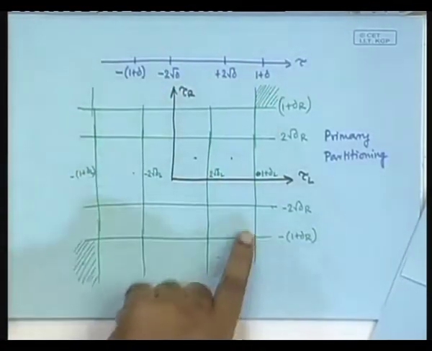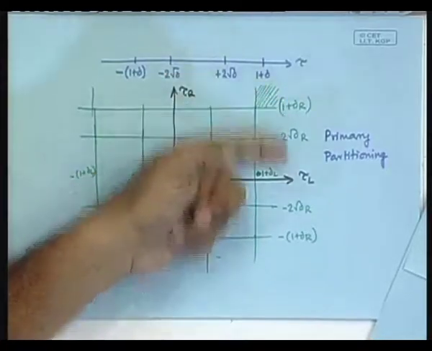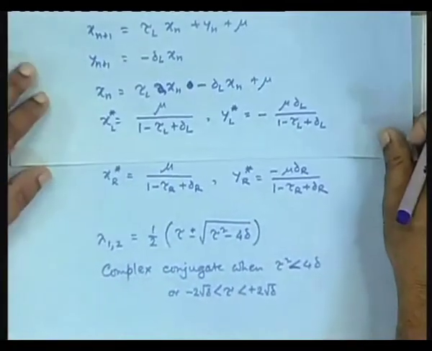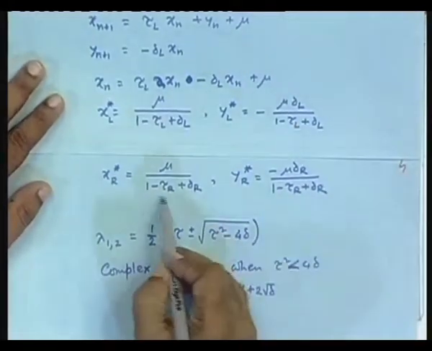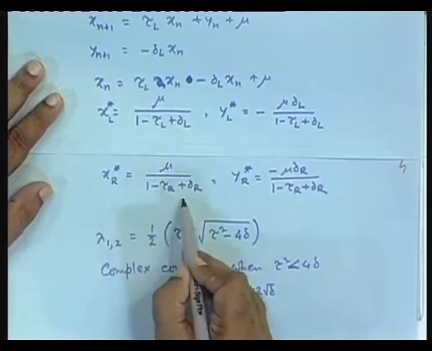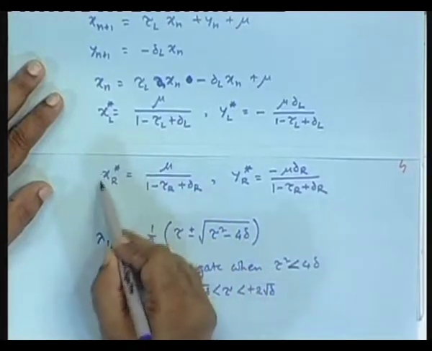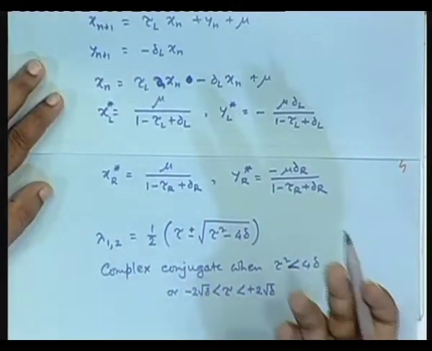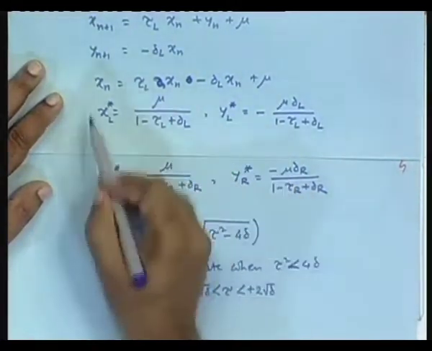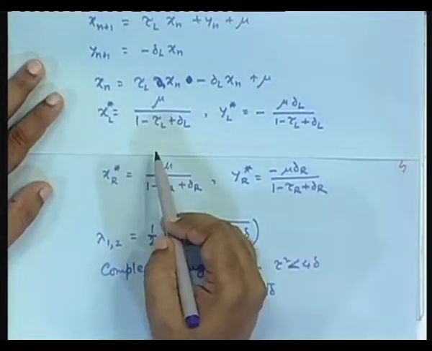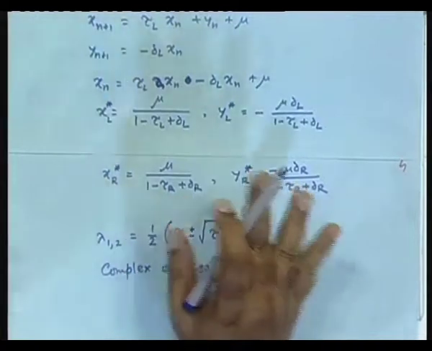Yeah, tau R was less than 1 plus delta R, right? Tau R is less than 1 plus delta R means the denominator is positive. So this fixed point will exist so long as mu is positive, which means that for mu negative none of these fixed points exist, and both the fixed points exist for mu positive.